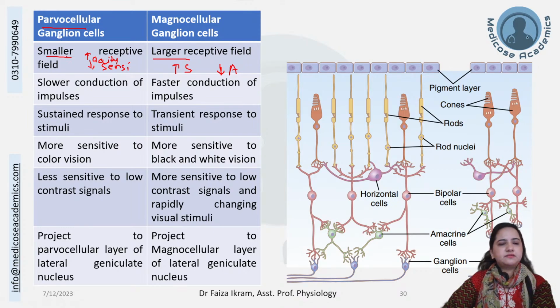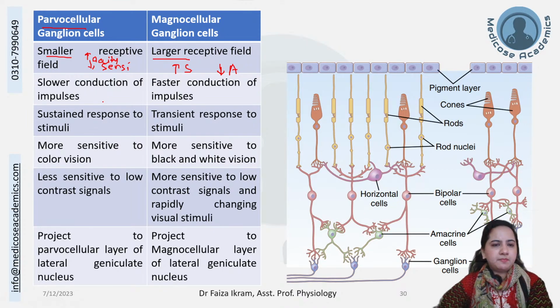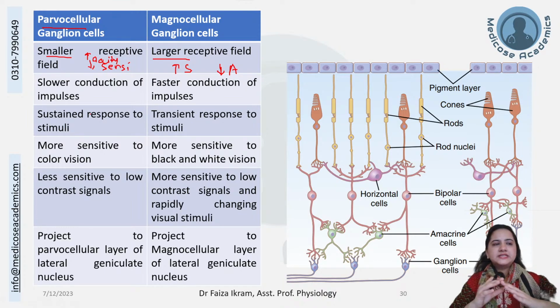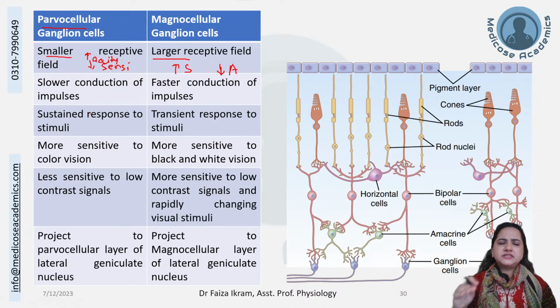Parvocellular ganglion cells will slowly conduct the impulses. Magnocellular ganglion cells will have faster conduction of impulses. Parvocellular cells will respond to sustained stimuli, whereas magnocellular cells will respond to transient stimuli. More velocity of conduction, rapid change in the visual field stimuli.